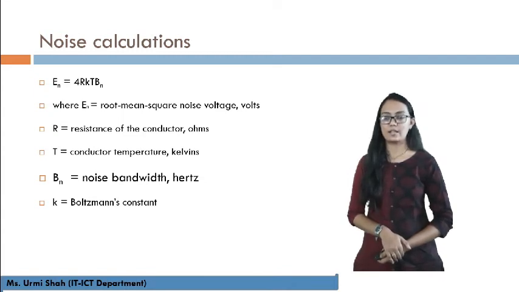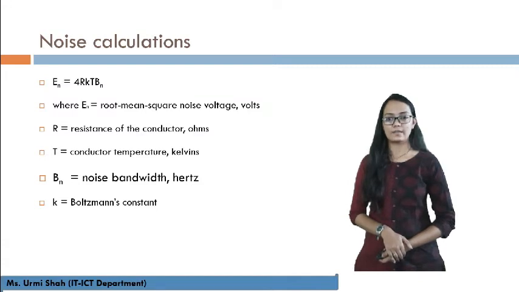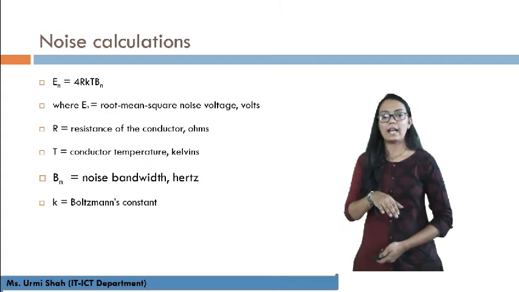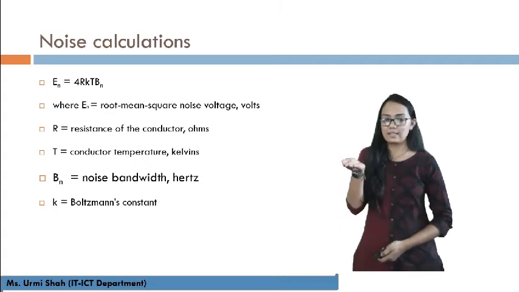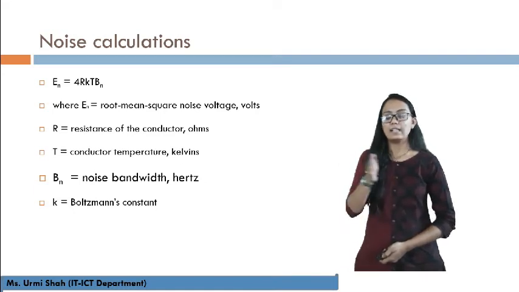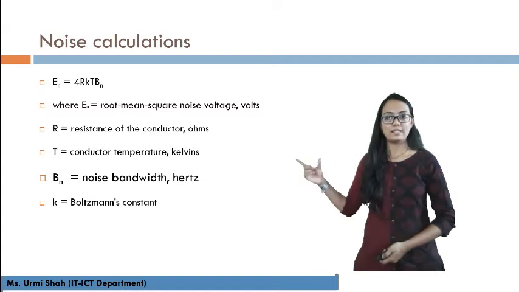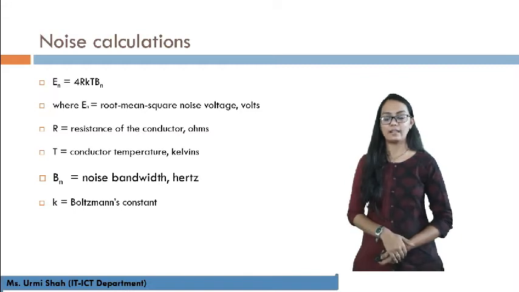R stands for the resistance of the conductor. So if you have a conductor and the heat inside it rises in the form of temperature, then the noise created by this temperature is measured by this formulation, En is equal to root of 4RkTB.